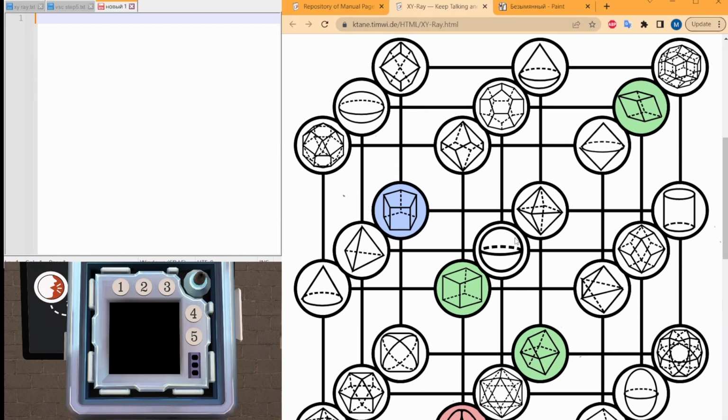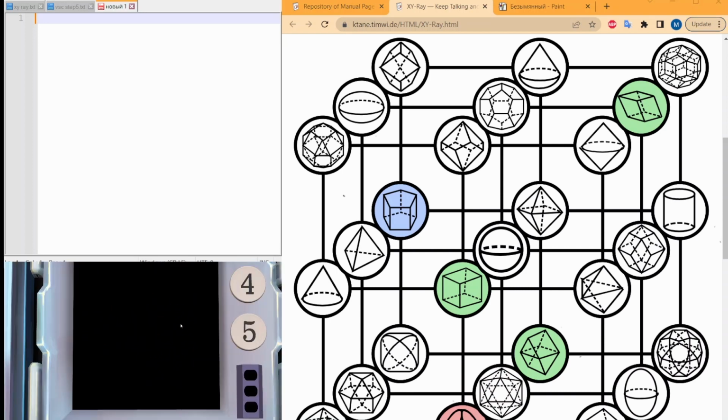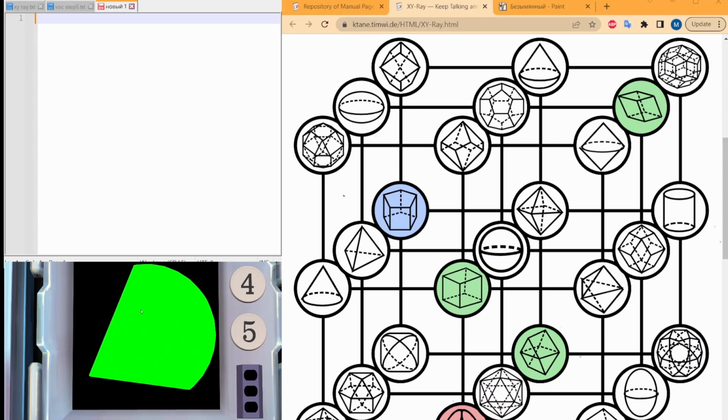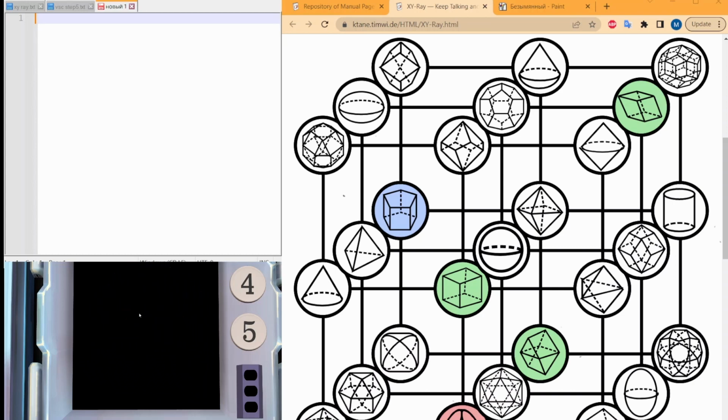But let's see if there are any vertices with connections of 4. If there are not, that means it's either cube or this rotated thing, which is probably not, because of how the shape looks. Yeah, I believe this one has 4 connections.